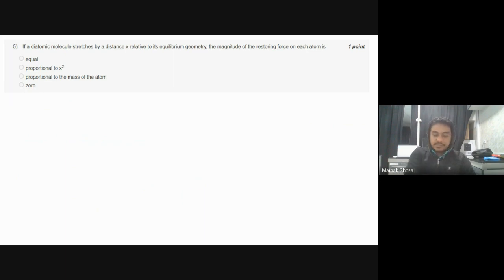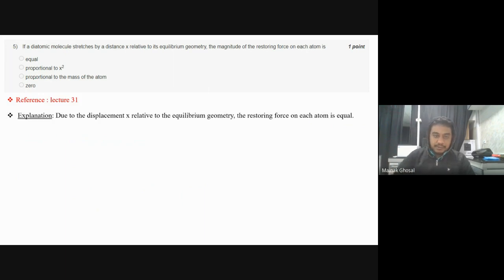Okay. So you can find this answer in lecture number 31, that due to displacement x relative to the equilibrium geometry, the restoring force on each atom will be equal. So suppose this is my diatomic molecule.